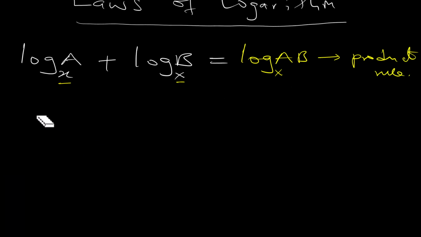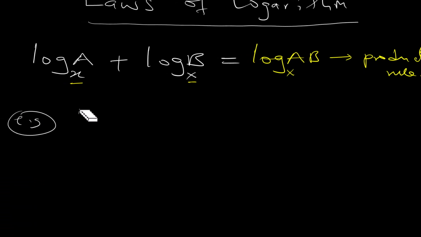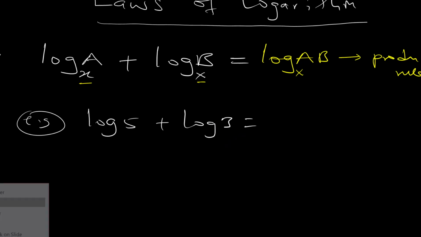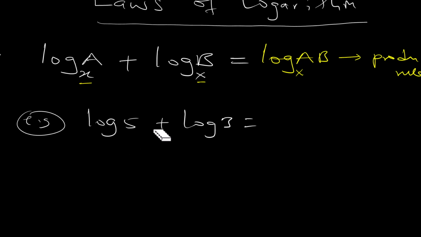In case we are given, for example, log 5 plus log 3, and one more thing: if you don't see the base, it's 10. In case we're given a question like this and you can't see the base, it's 10. This one is a product and the bases are equal, so I'll just multiply.